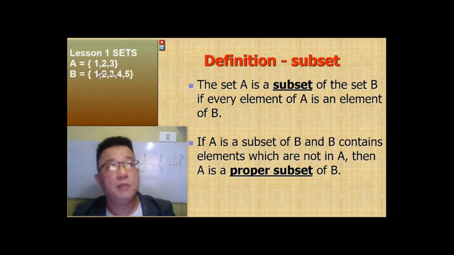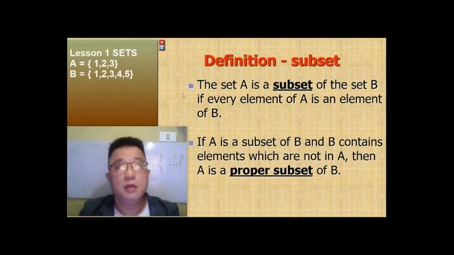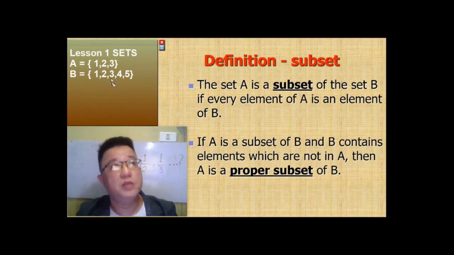As you can see, set B is bigger and set A is smaller. So every element of A is an element of B. All the elements here in A are also found in B. Therefore, we can say A is a subset of B. Also, A is a proper subset because there are elements of B not in A.